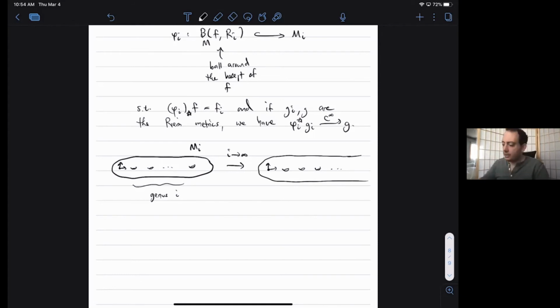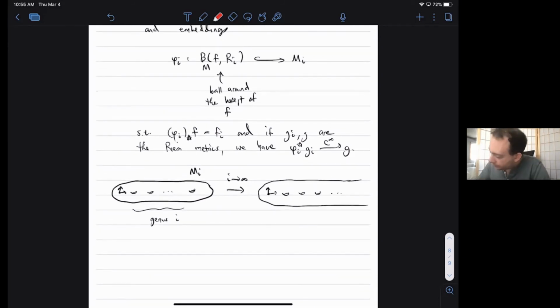And the point is that if I look at a ball, like for Ri, the ball around the base point with a radius Ri is going to look something like this for large i, right?